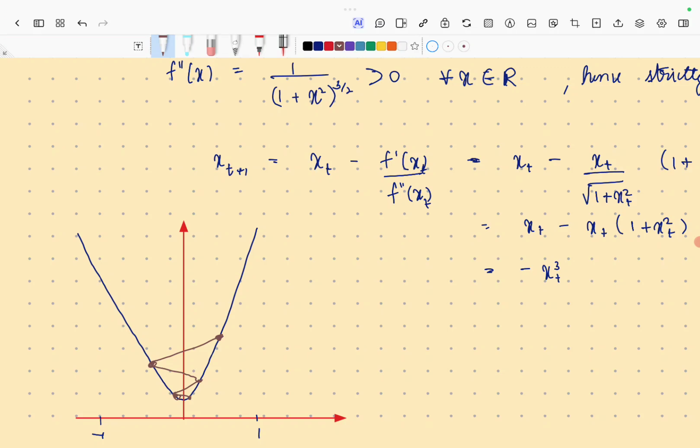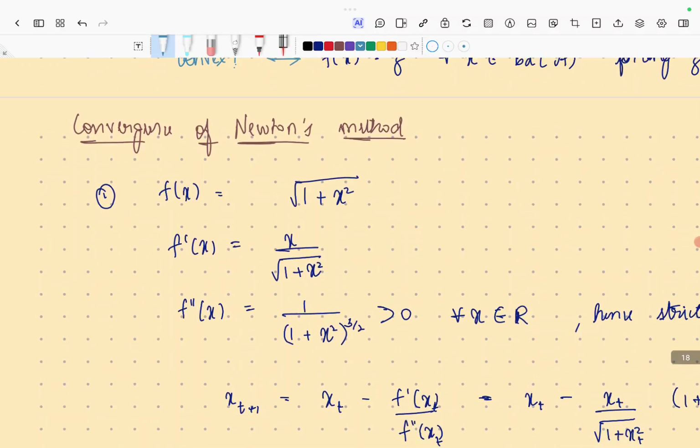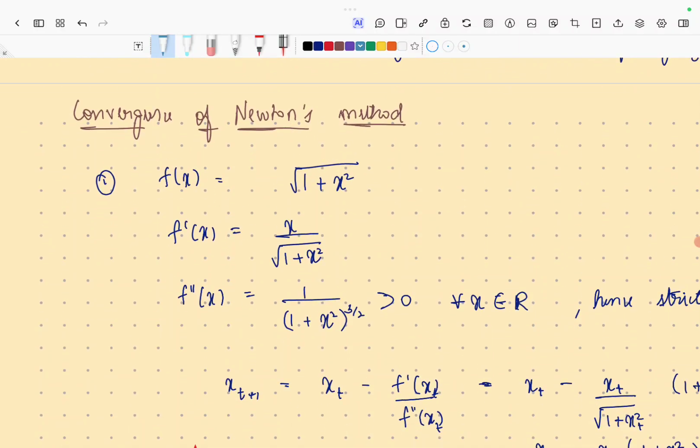It converges pretty fast. But what happens if I take x t greater than 1? Then again it oscillates, but then it diverges. It jumps here, and so on. Basically, the step is too much. So Newton's method is in general not guaranteed to converge even if your function is convex.